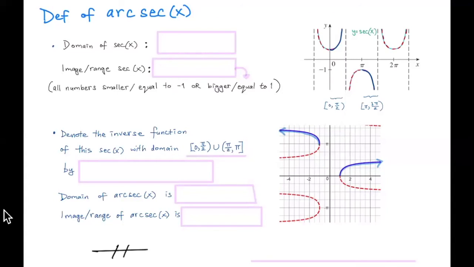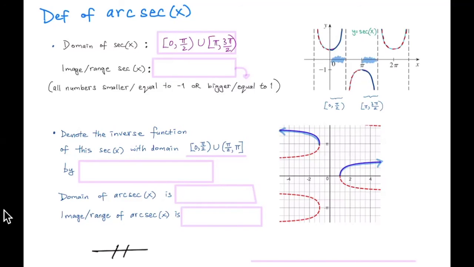So the restricted domain of secant that we will work with in this class is all numbers in the interval 0 to pi over 2, but not including pi over 2, and the interval from pi to 3 pi over 2, but not including 3 pi over 2. So in the graph, it's these numbers.